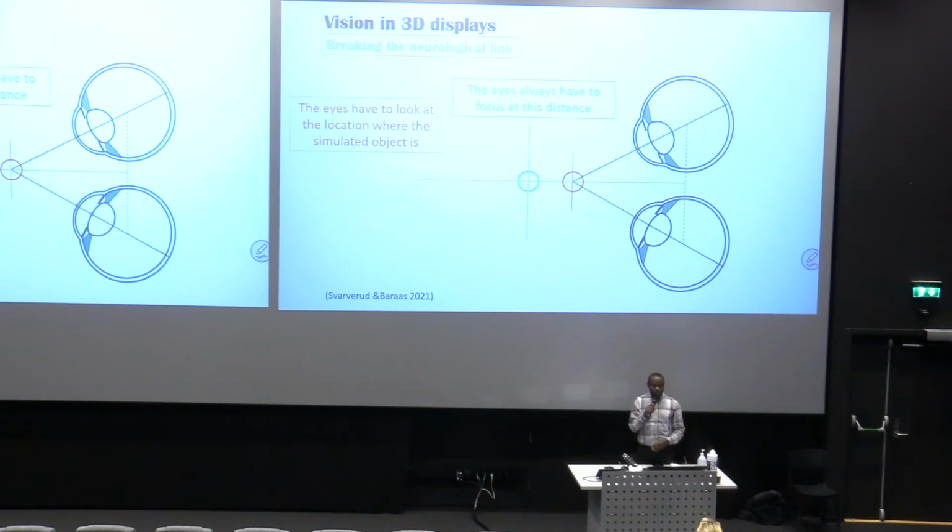Let them look much closer, and you will find that the ability to focus, the green circle, will still remain at the same point, while the simulated object comes much closer. So this is an area that we were interested to find out: why is this the case?